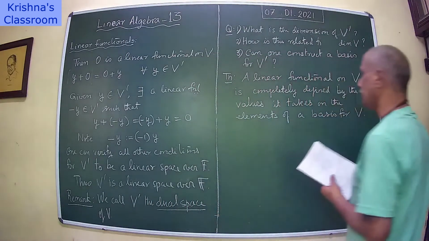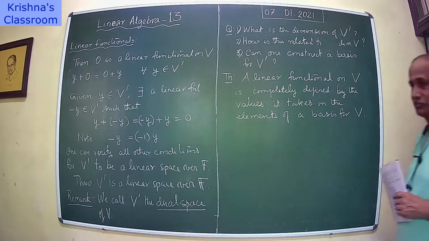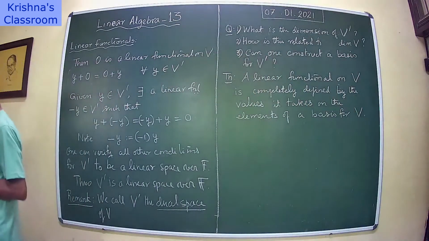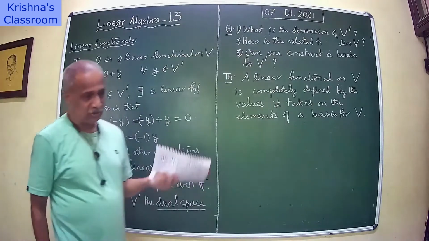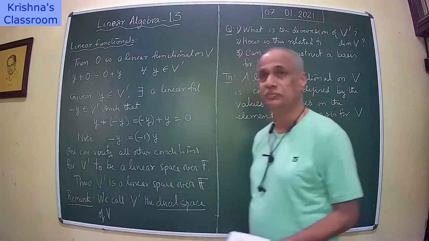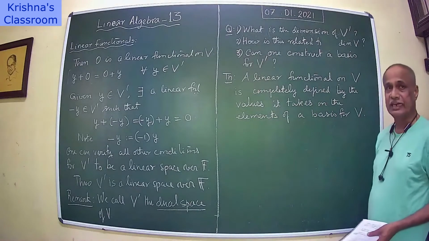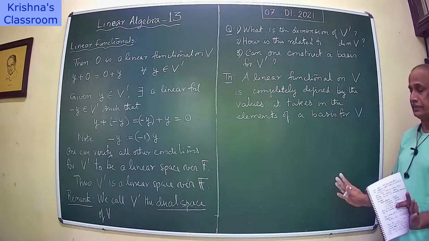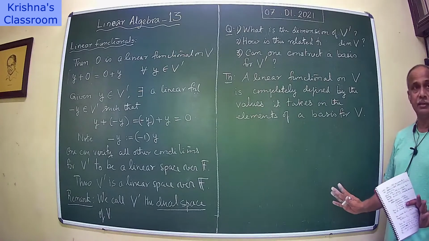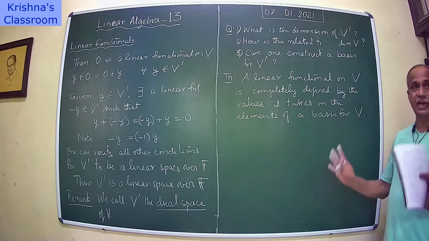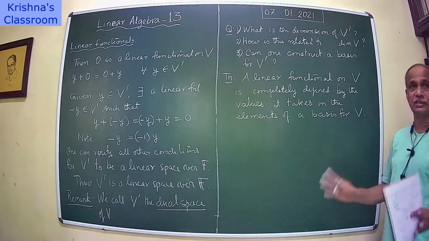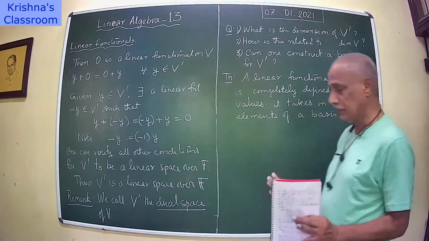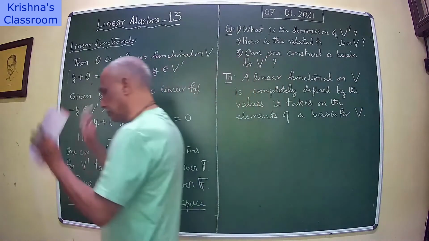It's a very useful result. Once you know the values, suppose you start with a y belonging to V. It is enough to say what values y takes on x1, x2, etc., xn, where x1, x2, etc., xn is a basis for V. Then the linear functional is completely determined.